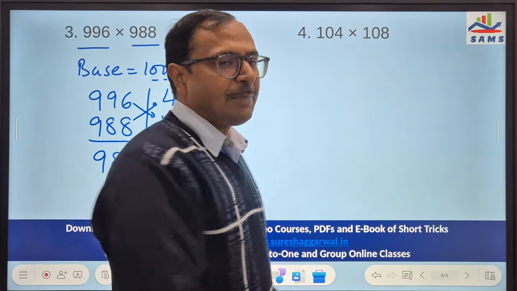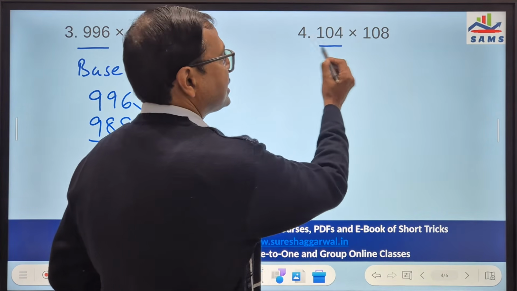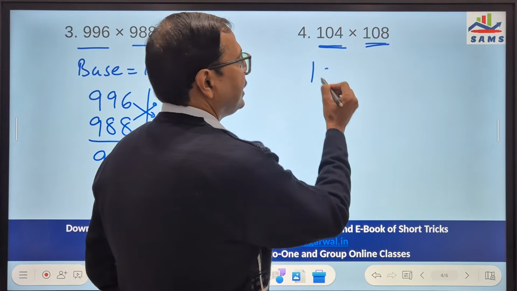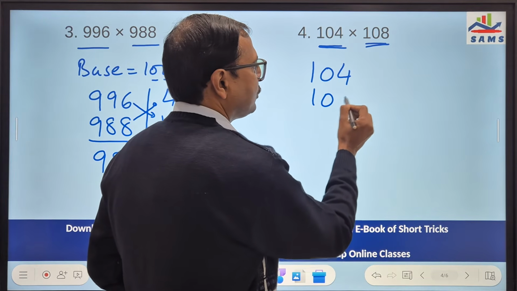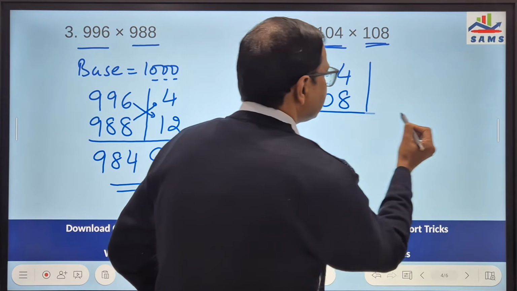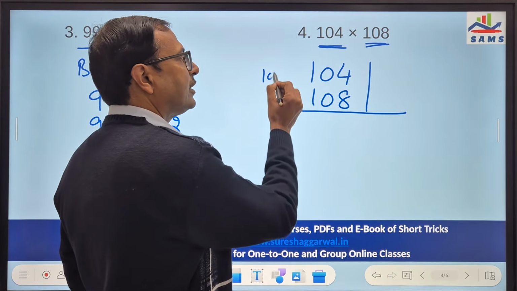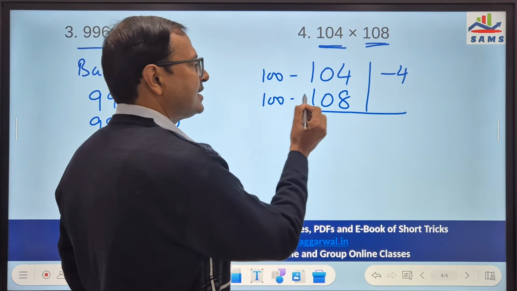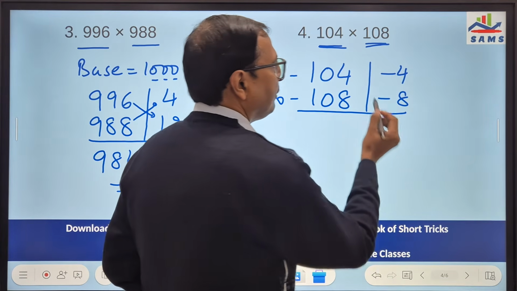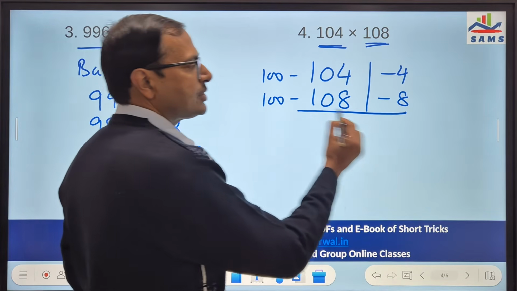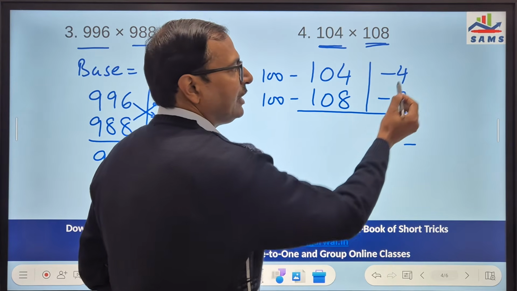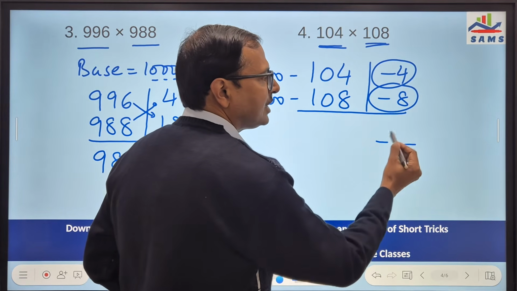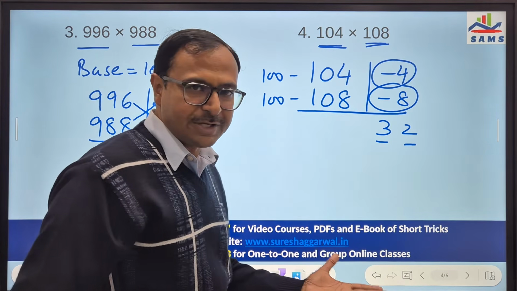If the numbers are above the base number, like both the numbers are very close to 100, but they are above 100, so what do we do here? The method doesn't change. If you do 100 minus this, you get negative 4. If you do 100 minus this, you get negative 8. Both numbers are close to 100, so I need 2 digits here. When you multiply minus 4 by minus 8, you get 32, which is a 2-digit number.